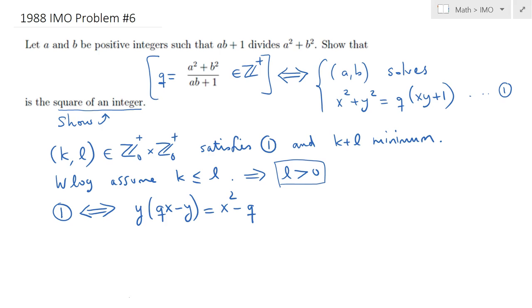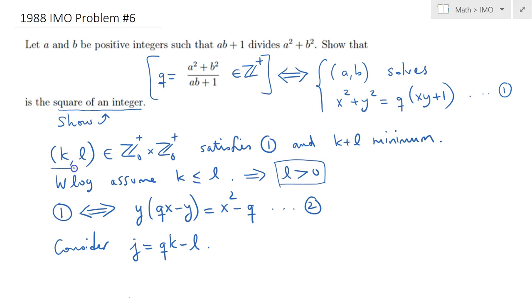Let's call this equation 2. And consider the following integer j, which is equal to qk minus l.